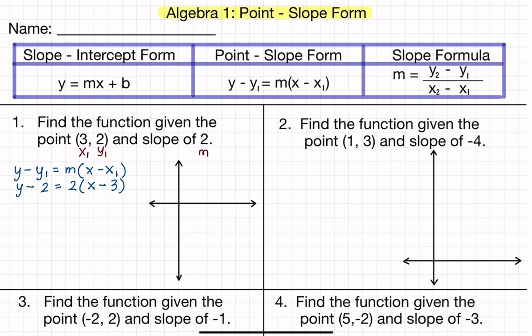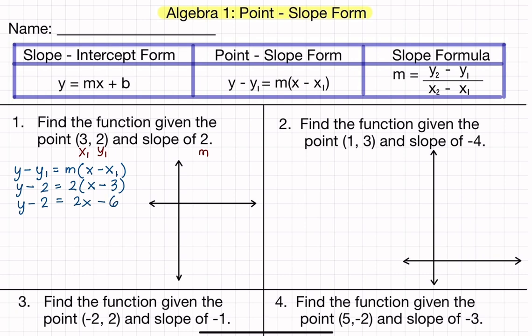Okay, now we're going to distribute 2 to x and negative 3. So we will write y minus 2 is equal to 2 times x is, very good, 2x. And 2 times negative 3 is negative 6.